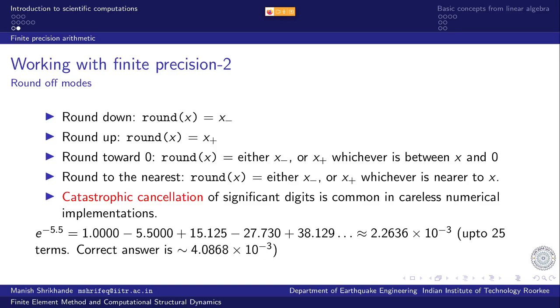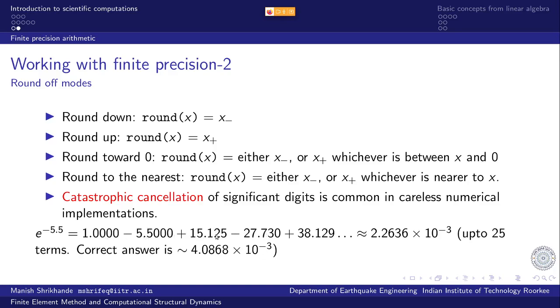So if two numbers of 4 significant digits, the result of that operation is only 1 significant digit. The other 3 significant digits have been lost. So no matter what I do subsequently with this result of this computation, I cannot recover that lost precision. And that is what is happening here.